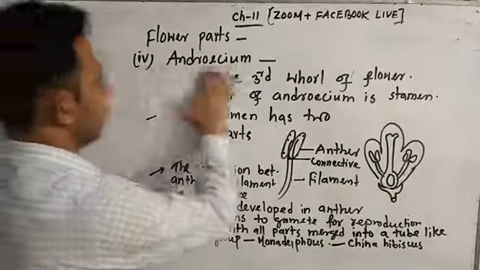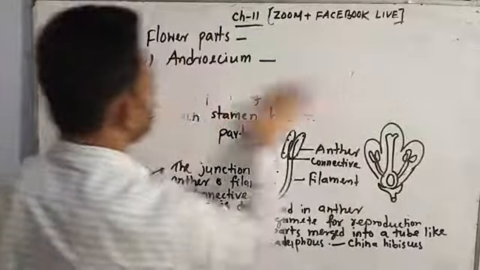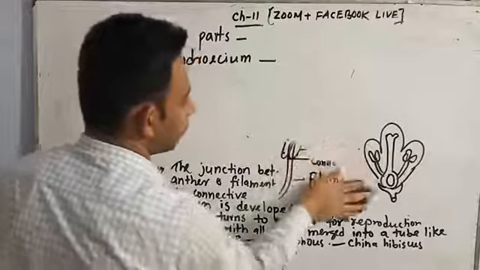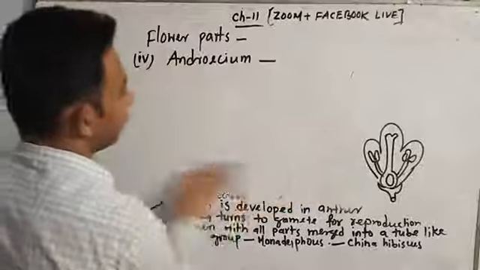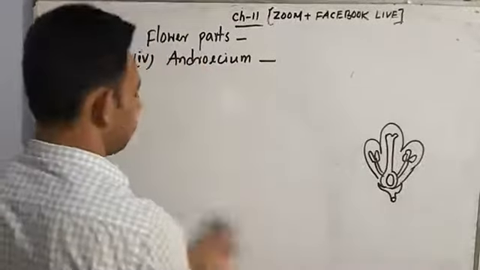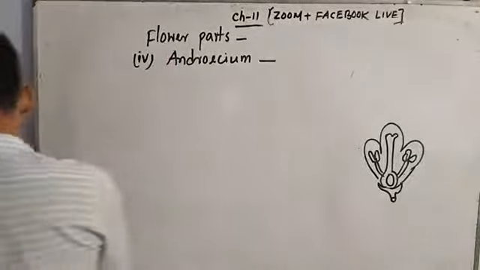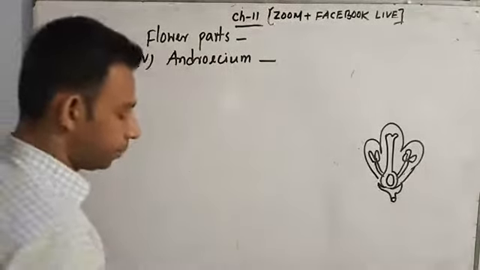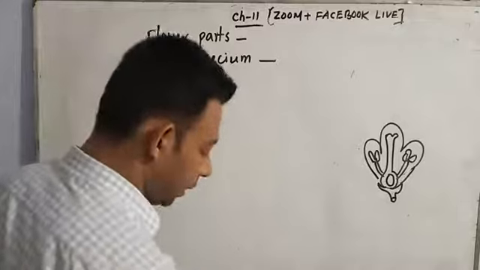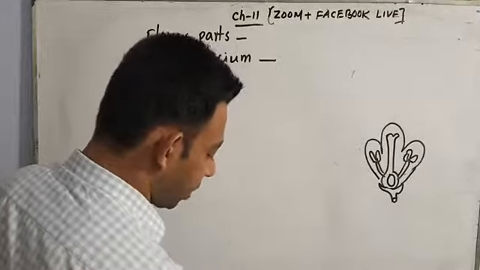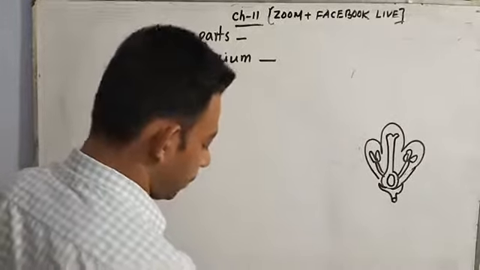So these are the primitive parts we learned here. Next we will learn some more features of the androecium.